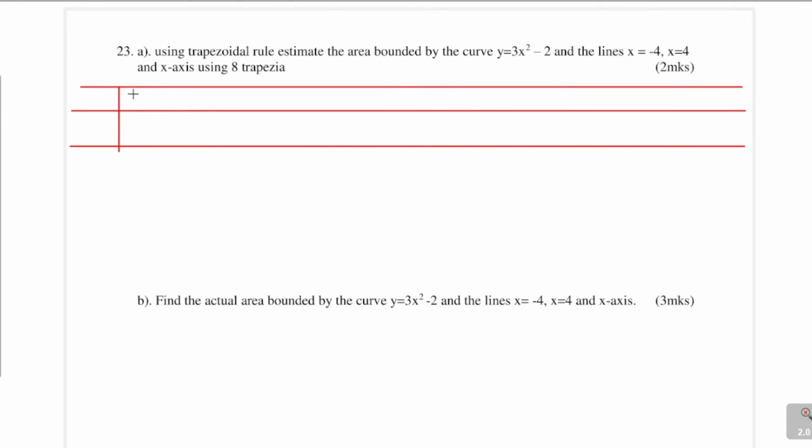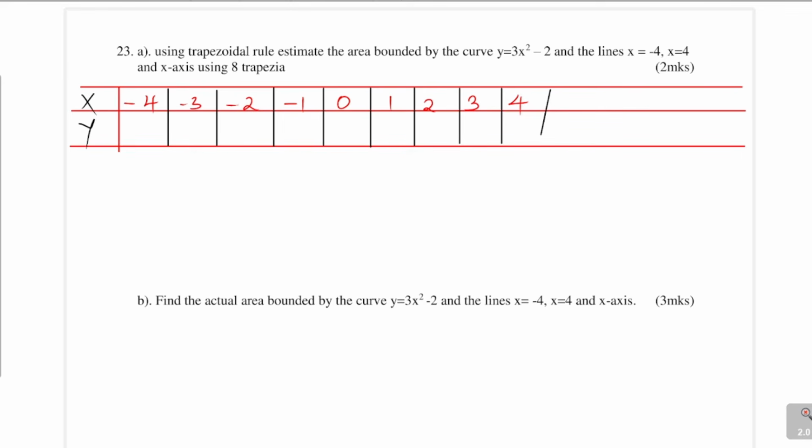So from negative 4, negative 3, negative 2, negative 1, 0, 1, 2, 3, up to 4. So this is x, and then you have the y.